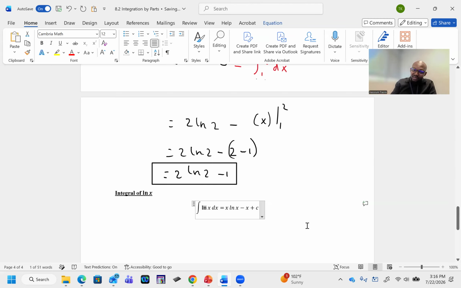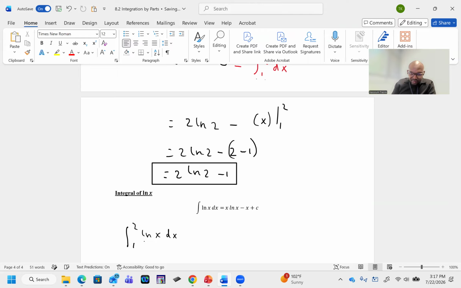For example, when I was asked to find the integral from 1 to 2 of ln of x dx, I just said if I remember this one, the answer would be x ln of x minus x from 1 to 2, because this is definite, so you don't need c.